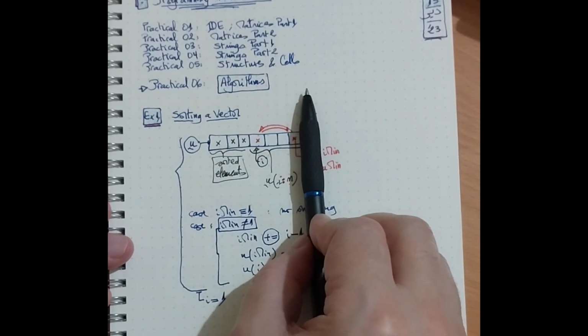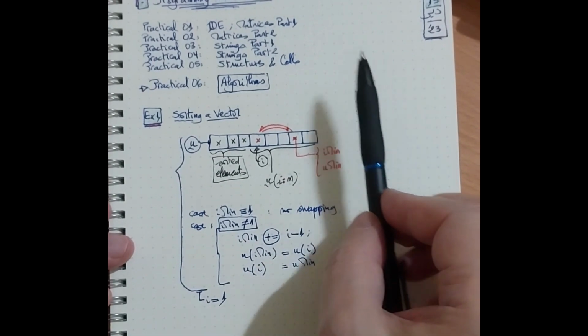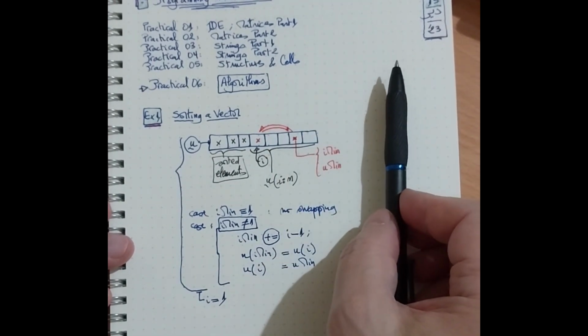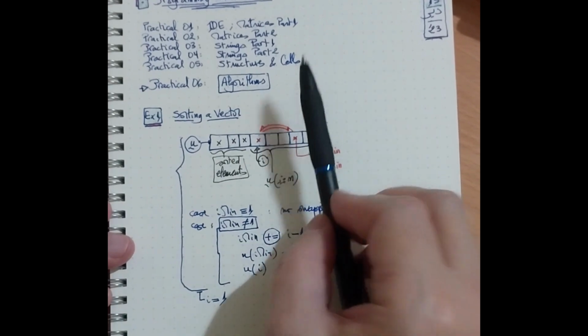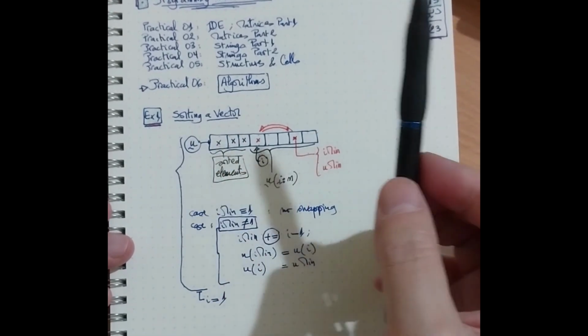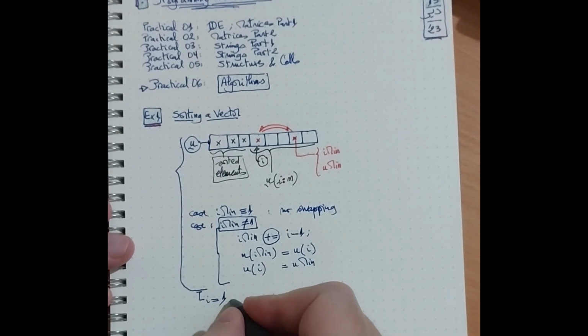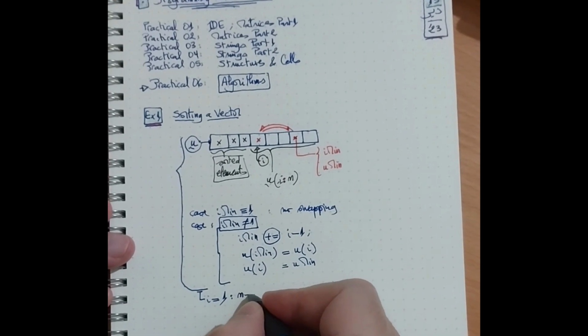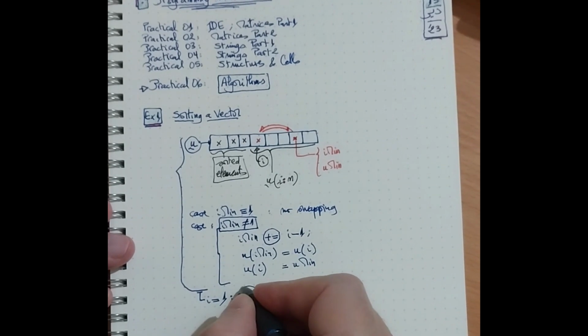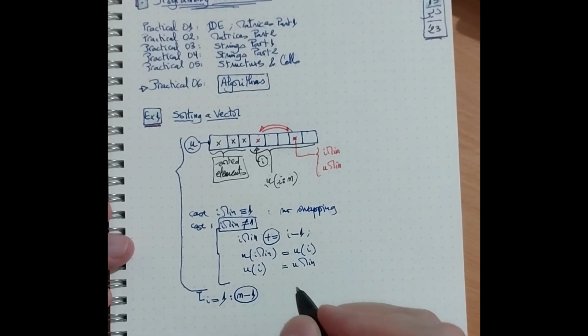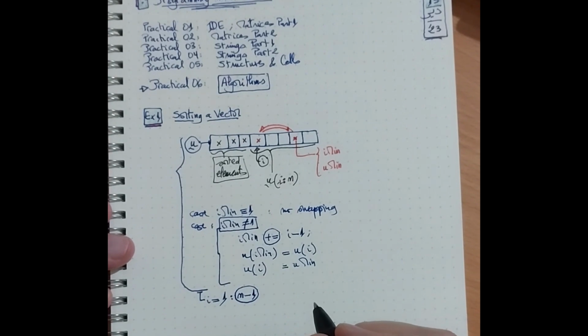When we reach n, I equal n, there are no other elements afterwards to sort. There's only one element, so it's de facto already sorted. So I must go from 1 till n minus 1.